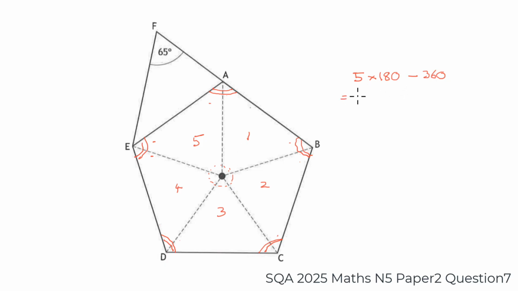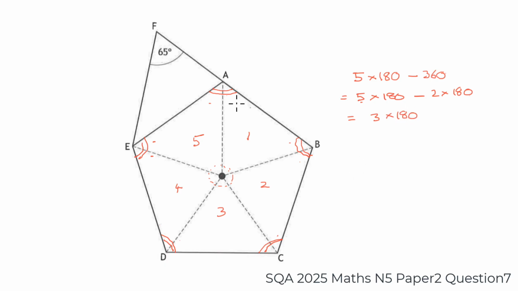Now to do this calculation, 5 lots of 180, 360 is 2 lots of 180. So we'll basically have 5 lots of 180 minus 2 lots of 180. That's 3 lots of 180.